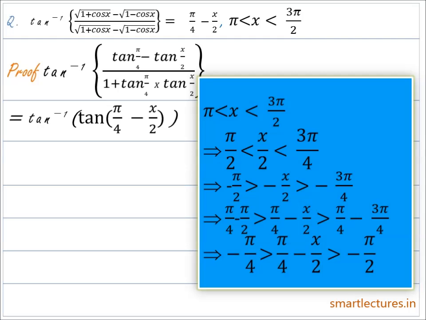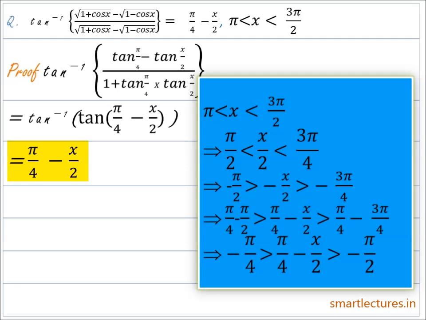Which means the angle pi upon 4 minus half x lies in the interval minus pi upon 4 to minus half pi, and in this interval the tan inverse function is invertible. That means tan inverse tangent of pi upon 4 minus half x is equal to pi upon 4 minus half x, which is equal to the right hand side.